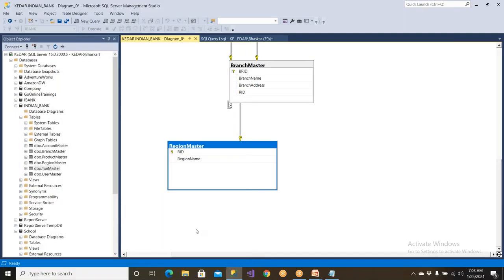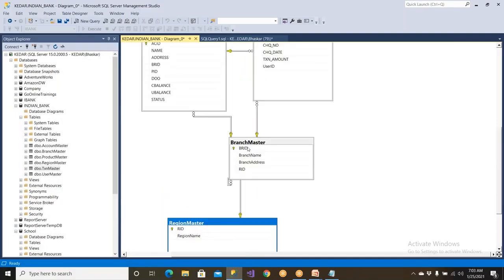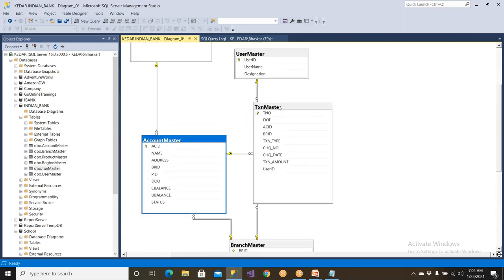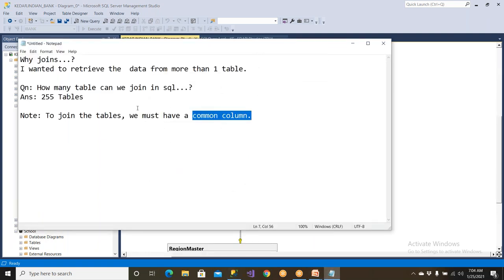Okay, if I want to join, can I join region master and branch master? Yes. If I want to join these two tables, I can join, or this one, this one, this one, this one I can join. So maximum 255 tables we can join. Clear? So we must have a common column, otherwise nothing is going to start.